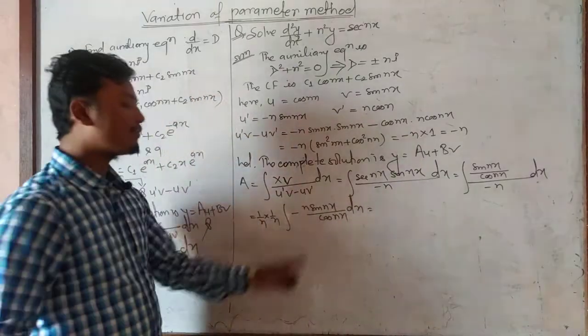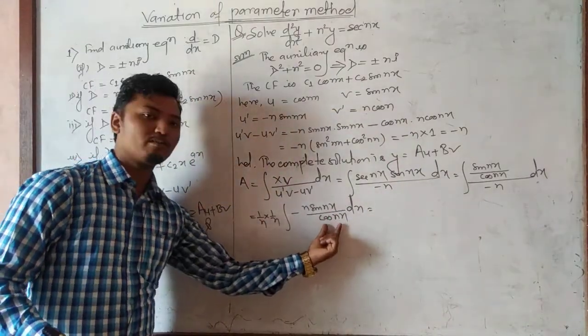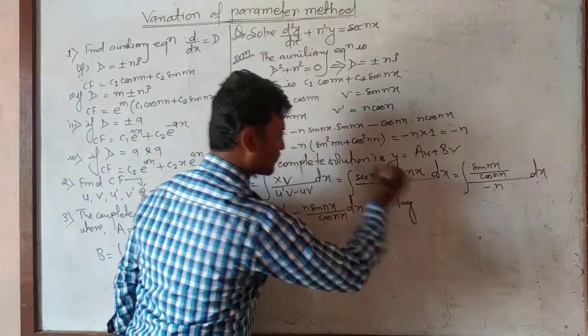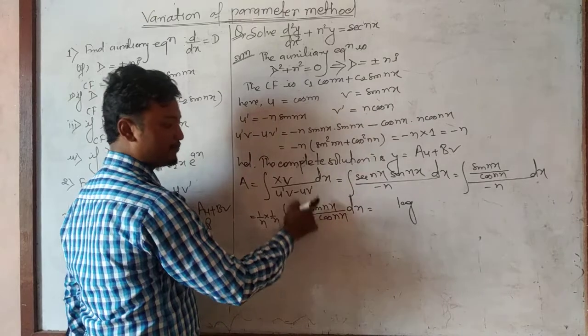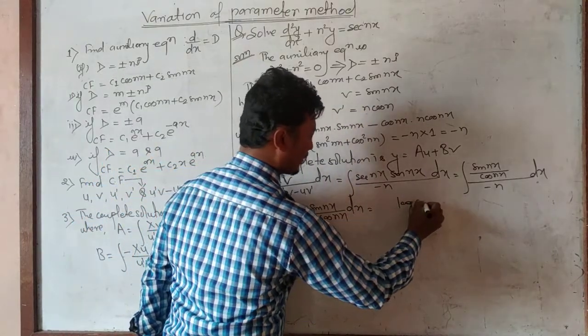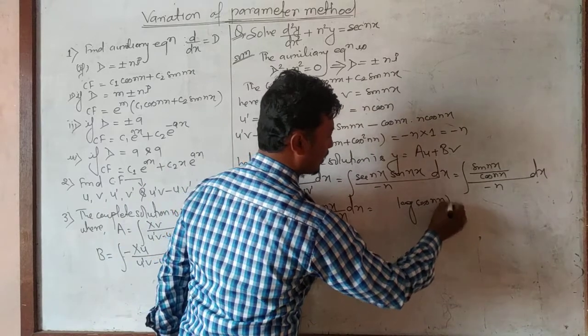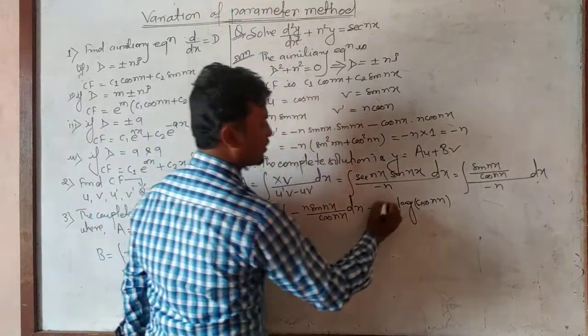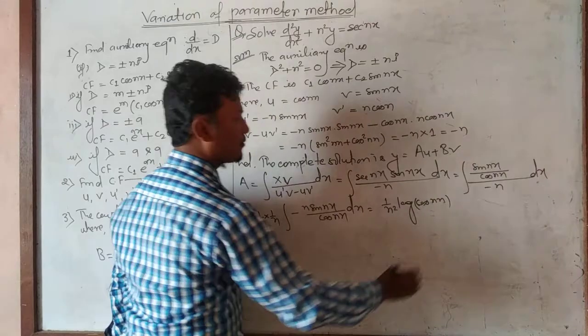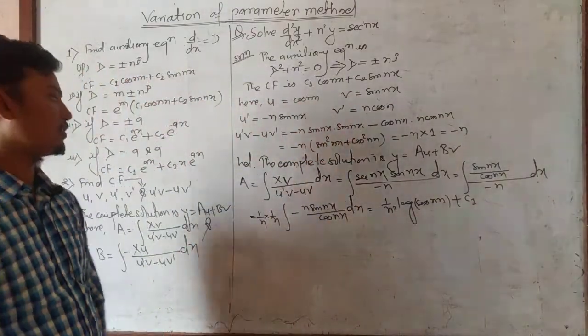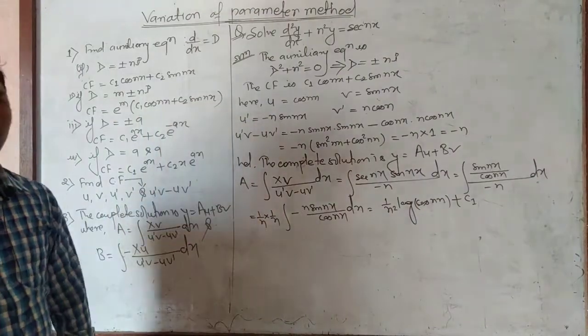If the derivative of the denominator is the numerator, then we can write log of the denominator. The denominator is cos nx, and here it is 1 by n square, plus c1, one extra constant. This is c1. So I got the value of a.